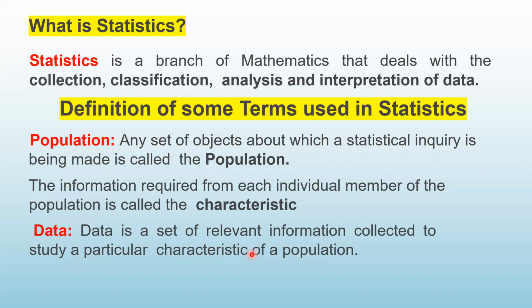Also the family income, it tells us how many students come from a lower income group, and if any strategy is to be applied to uplift them, or some scholarship or something like that can be given to them. So all this information is collected to make some plans and strategies as per the study of the information or the data. So this is one example which I have given you.